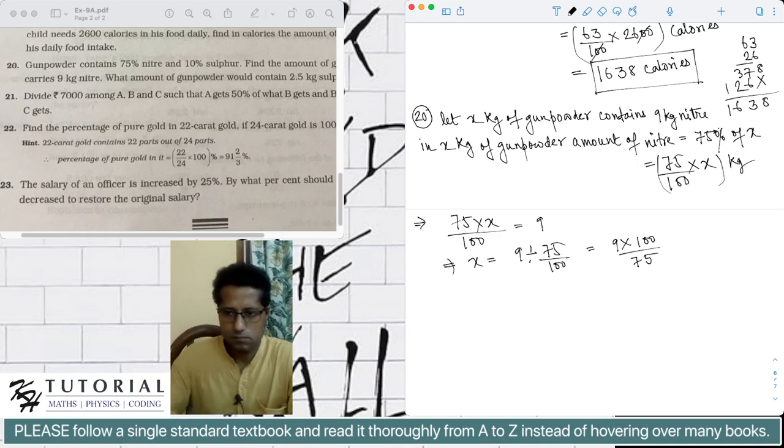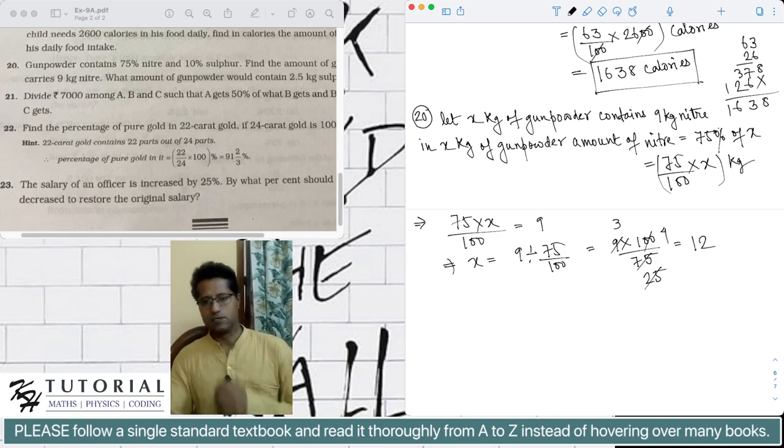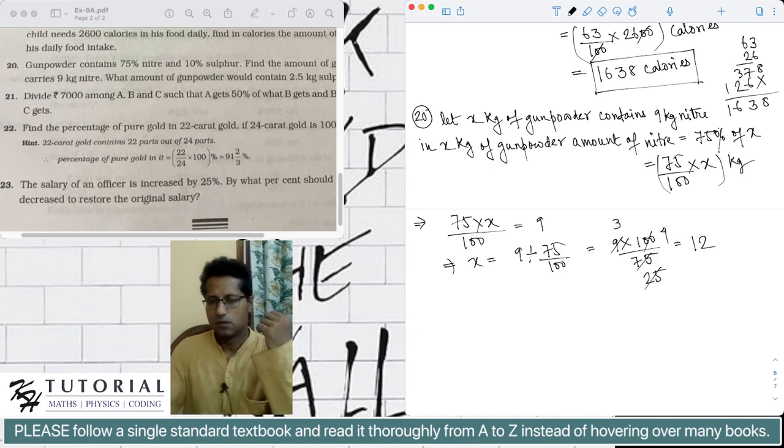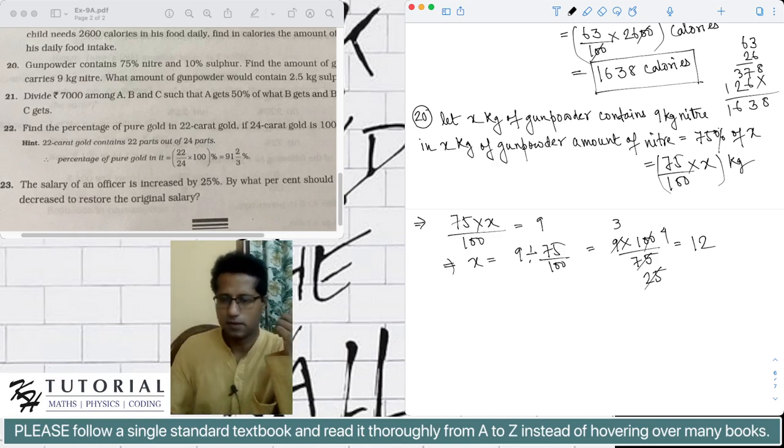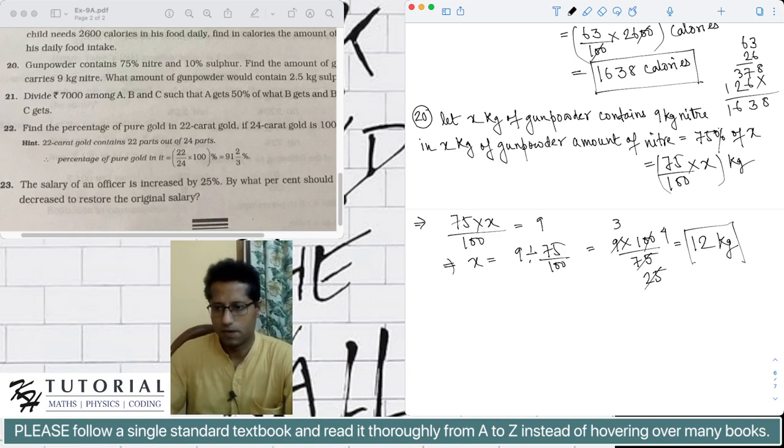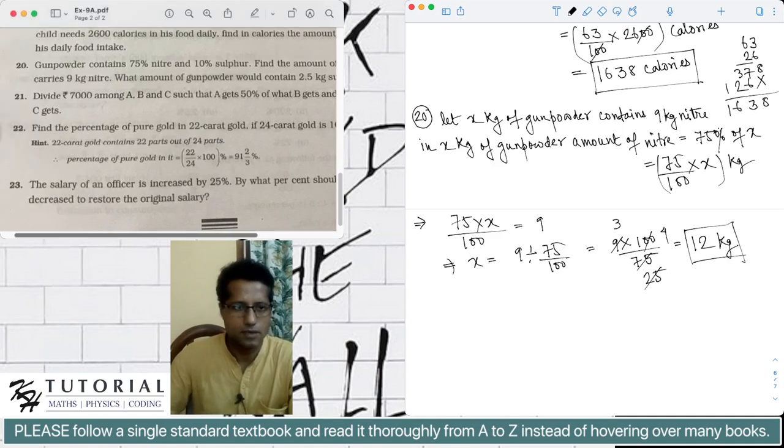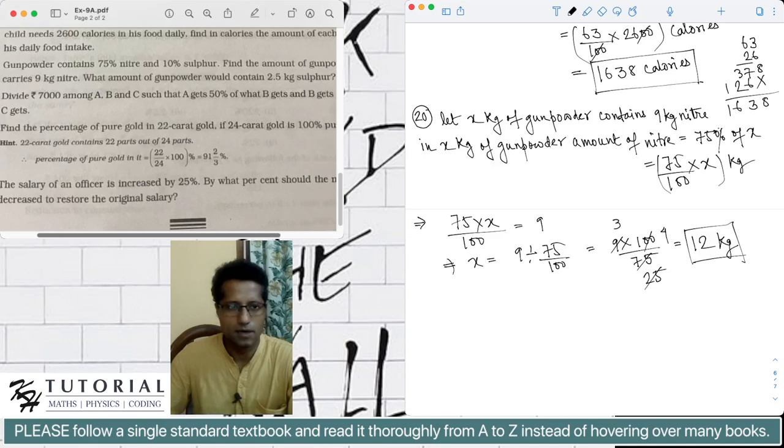So 3 divides 75, 25, 3 divides 9, 3, 25 divides 100, 4. This is equal to 12. So 12 kg of gunpowder will contain 9 kg of niter. So this is the answer of the first part. That is, find the amount of gunpowder which carries 9 kg niter.